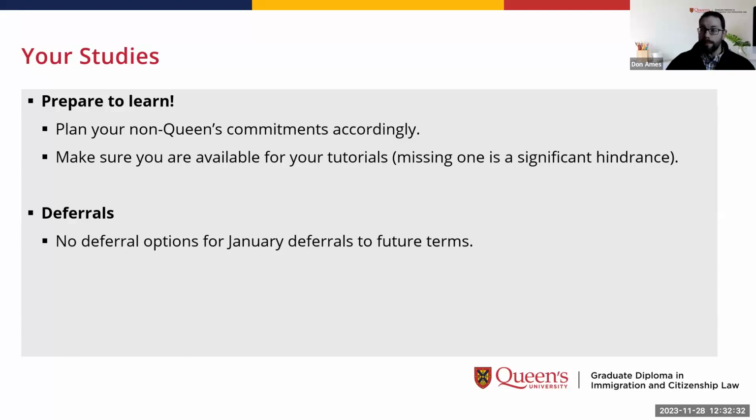That means a new application fee, a new application, possibly new references if they're older than 1 year. You'll have to resubmit all PDF copies of your documents, and you'll have to await admission decisions because there's no guarantee for you to get back into the program. So again, really make sure you're prepared to go into this program this January.